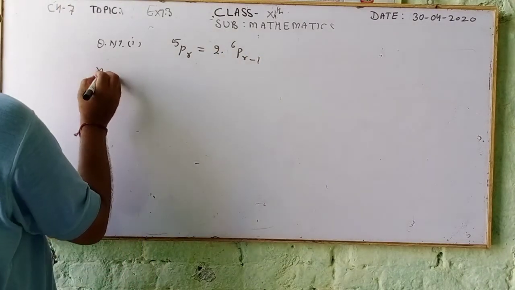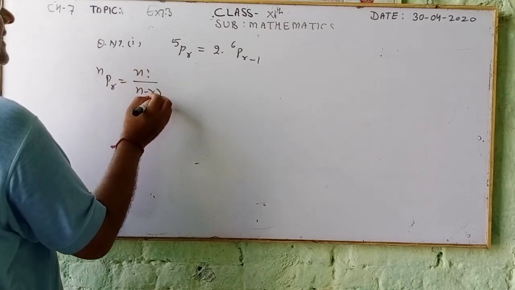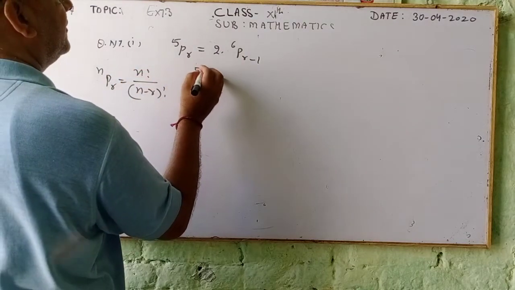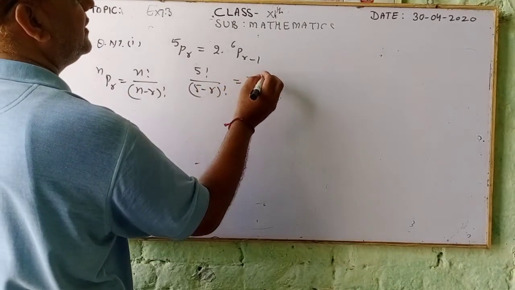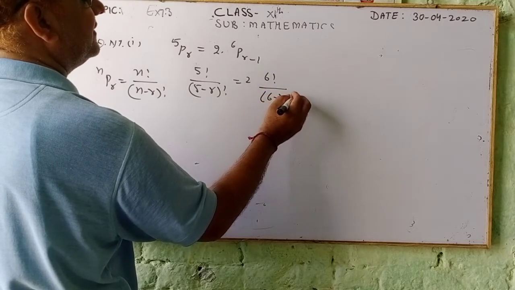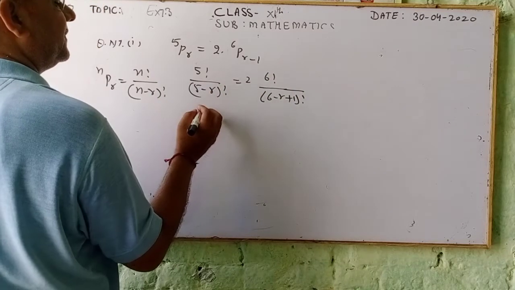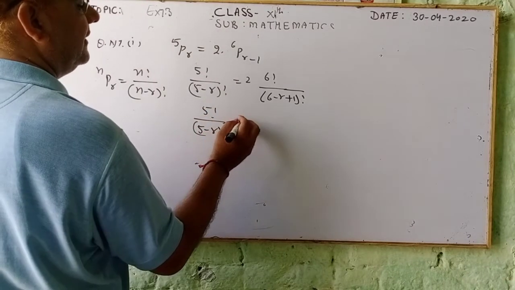So using the formula nPr equals n factorial upon n minus r factorial, we get 5 factorial upon 5 minus r factorial, and 2 into 6 factorial upon 6 minus r plus 1 factorial. So 5 factorial upon 5 minus r factorial equal to 2.